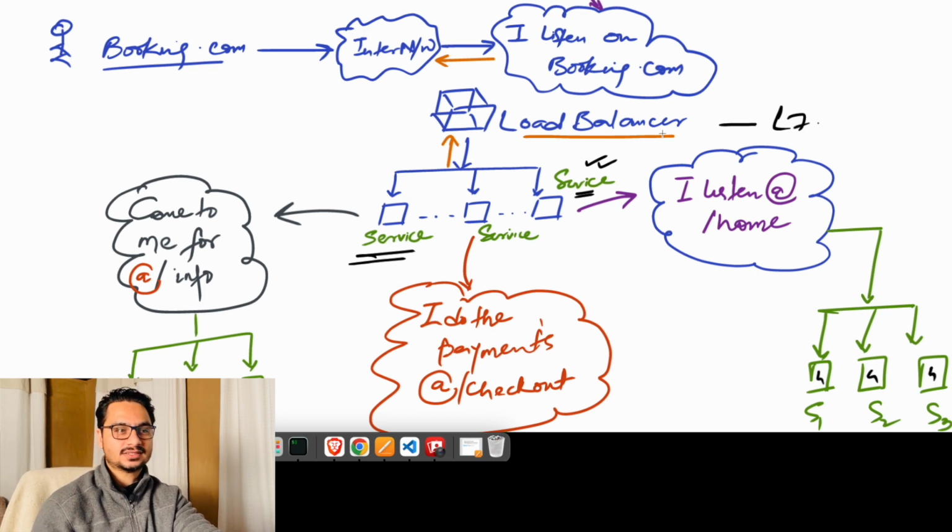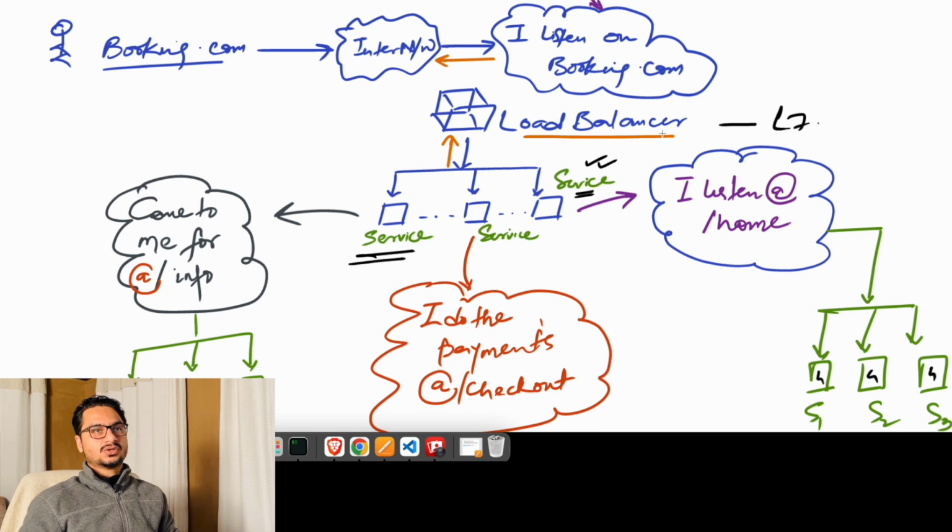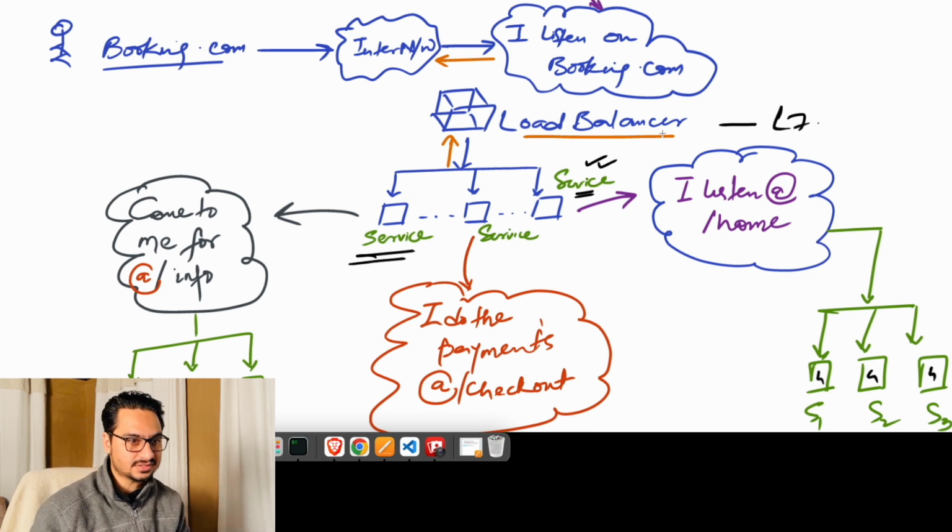But there are cases when you have a load balancer within your network and you only want it to be accessed within the network. That is called internal facing. A common example of that is load balancers which are used on top of databases. Don't go into that direction, because load balancing becomes a little bit complicated when you talk about databases, but you should know how it works.